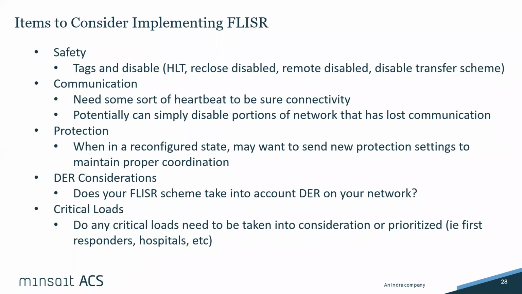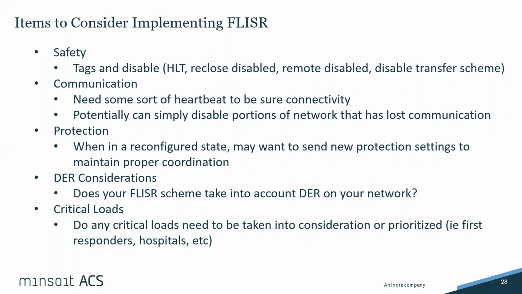So you need to be able to ensure that whatever system you're using, you can still leverage your normal tags, whether you're doing lockout, tagout procedures, and any sort of disable. So hotline tags, reclose disable, remote disable, disabling transfer, any of these all have to be considered when you are talking about automation to make sure that you're not jeopardizing any safety concerns.